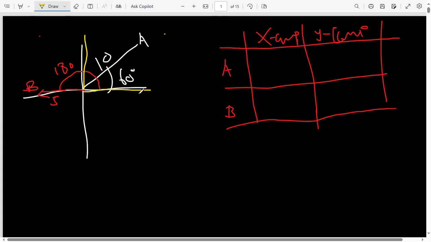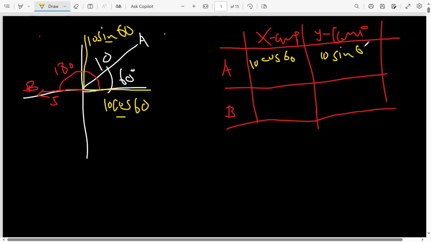So the part here that is down is going to become 10 cos 60, and the part that is going up will just be 10 sine 60. So the y component always goes with the sine, and the x component always goes with the cos. So this will be 10 cos 60, and this will be 10 sine 60.